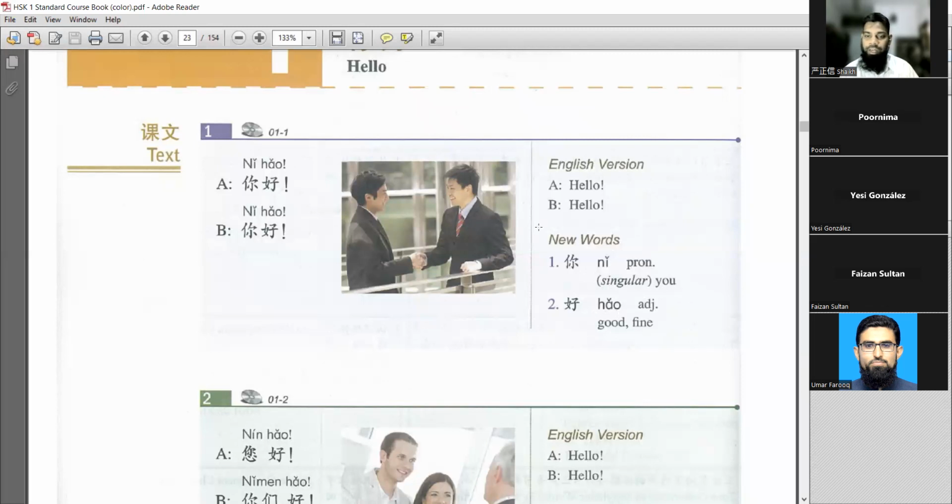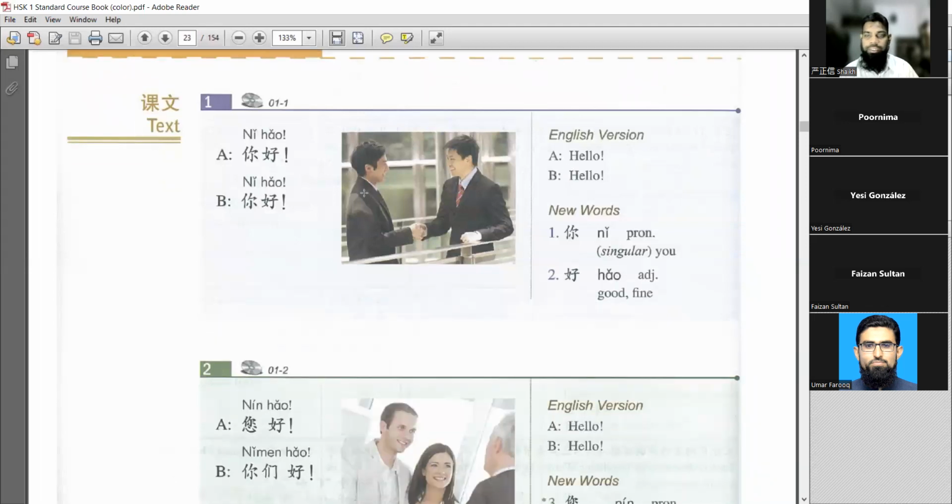So this ni hao combines together and it makes a greeting. The meaning of the greeting is hello. So whenever we meet any Chinese native speaker, we greet the person in this way. Ni hao means hello. The first person says ni hao, which means hello, and the second person also replies in the same way.